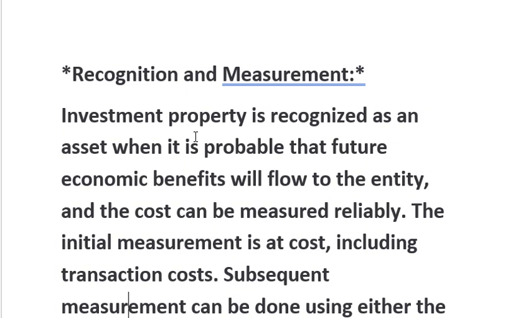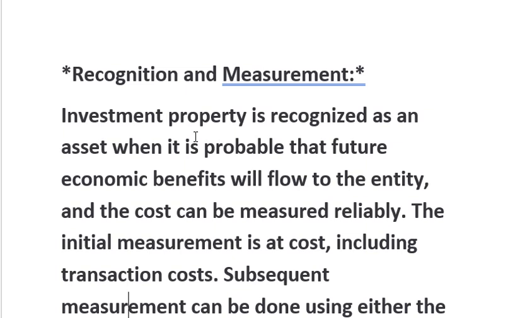Number one, you must be able to ascertain that it is highly probable that there will be a future economic benefit that will accrue to the entity. In other words, the rentals and capital appreciation are future economic benefits. So that must be highly probable.